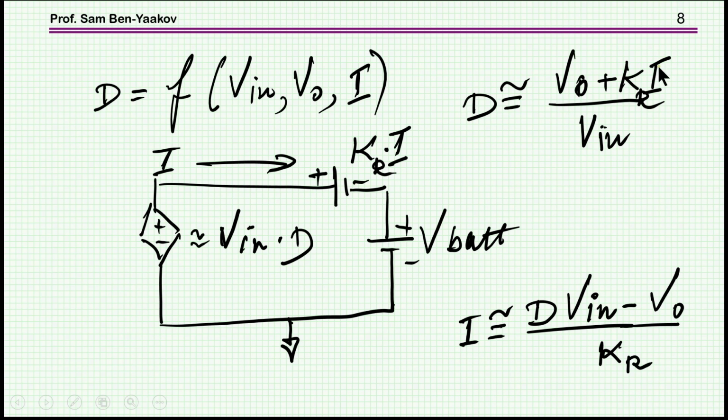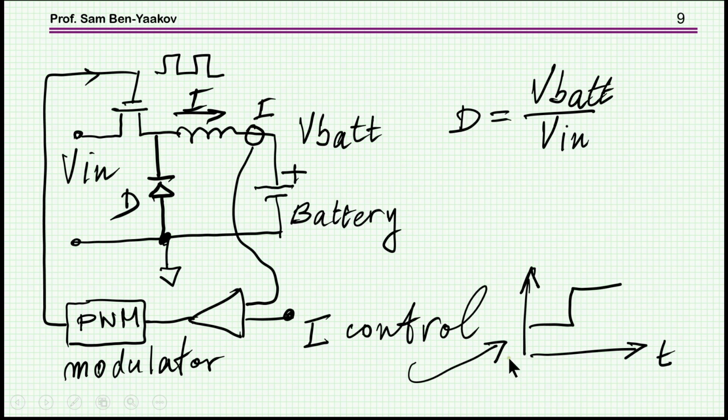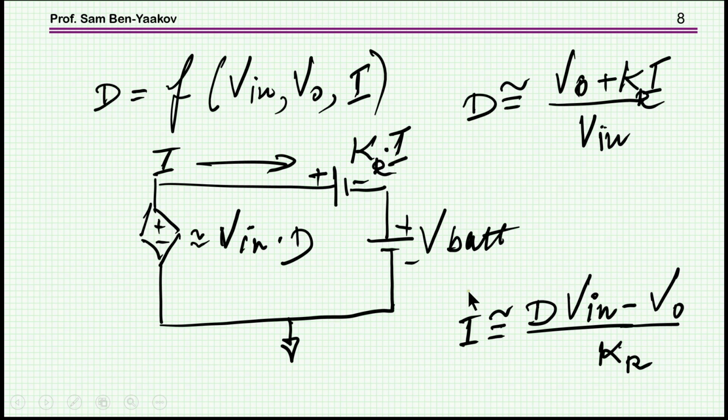Or the current, I'm taking out now the current here, is now the duty cycle times V in minus V out, but divided by this R. So if the circuit here gets a command to increase the current, it will increase a little bit the duty cycle such that the current will increase, the voltage drop on the resistance will increase to equal the new duty cycle times V in.